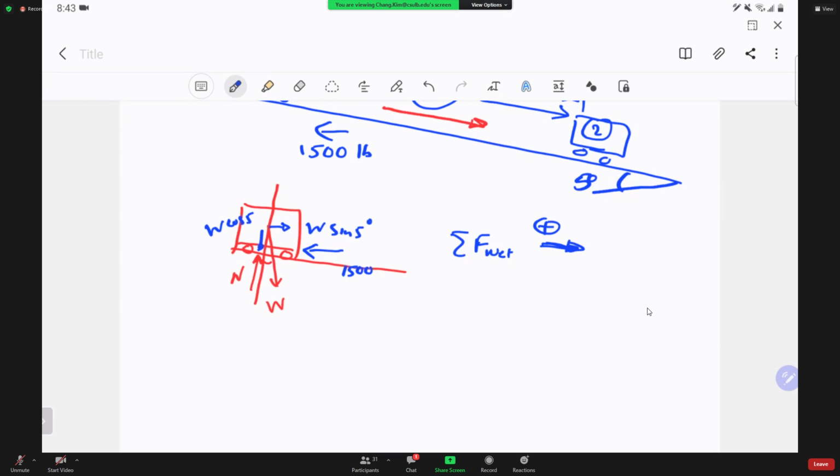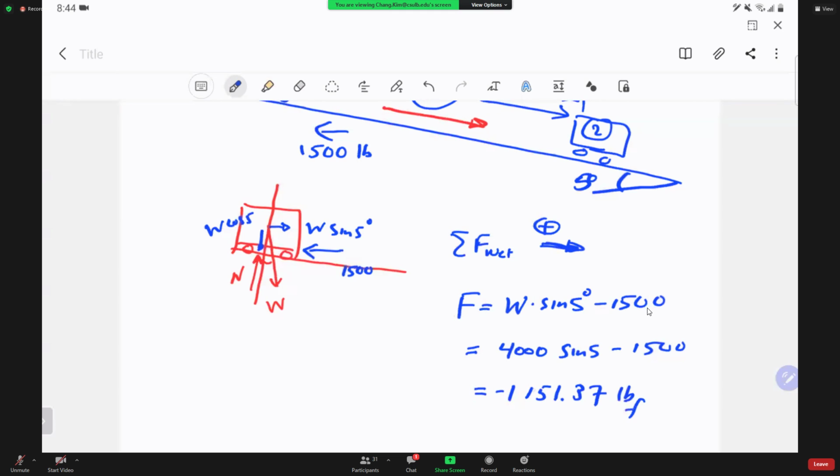So the force in that direction would be W times sine of 5 degrees minus 1,500. The W is 4,000, and sine of 5 degrees minus 1,500 gives me a minus 1151.37 pounds force.